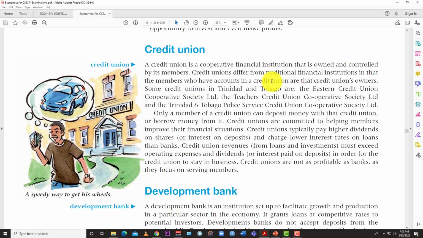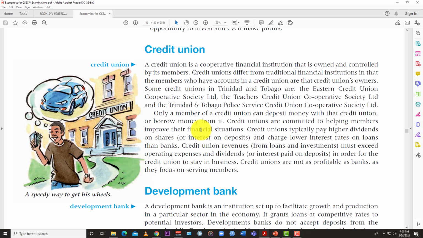Credit unions differ from traditional financial institutions in that the members who have accounts in a credit union are the credit union's owners. Some of the credit unions in Trinidad and Tobago, you have a whole long list of them, like the Eastern Credit Union Cooperative Society, but you get the gist. Only a member of a credit union can deposit money with the credit union or borrow money from it.